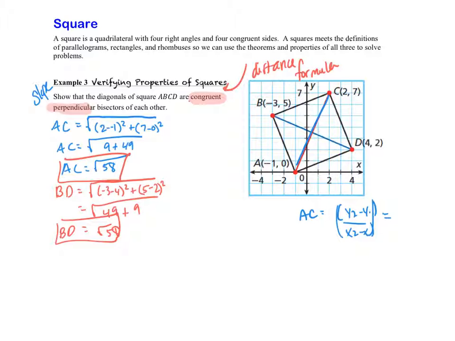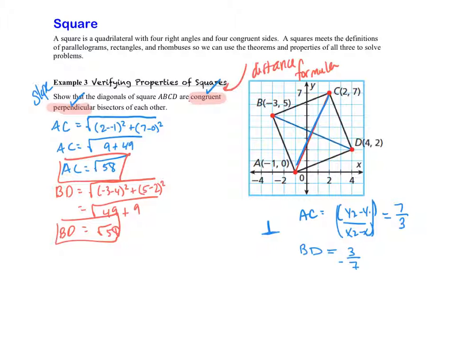So that would be 7 minus 0, which is 7, over 2 minus negative 1, which is 3. And now I'm going to find the slope of BD. Same thing, y2 minus y1, so that's 5 minus 2, which is 3, over negative 3 minus 4, which is negative 7. Well, these are negative reciprocals of each other. So this is perpendicular. So they're congruent, perpendicular, and now bisectors.